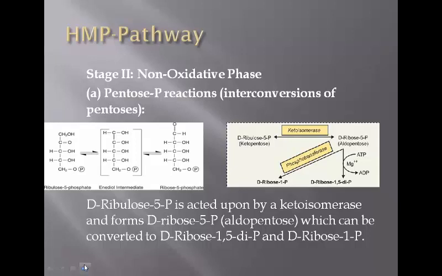And as I told you, ribulose 5-phosphate first forms an intermediate compound, that is an enediol, in which two hydroxyl groups are attached to the carbons which are attached with a double bond, which you can see here. And this enediol can later be converted to D-ribose 5-phosphate.